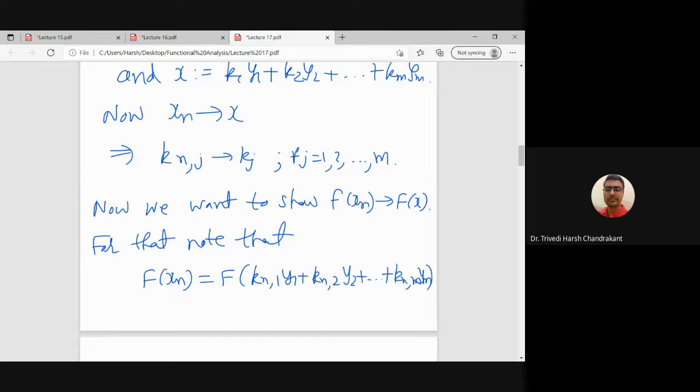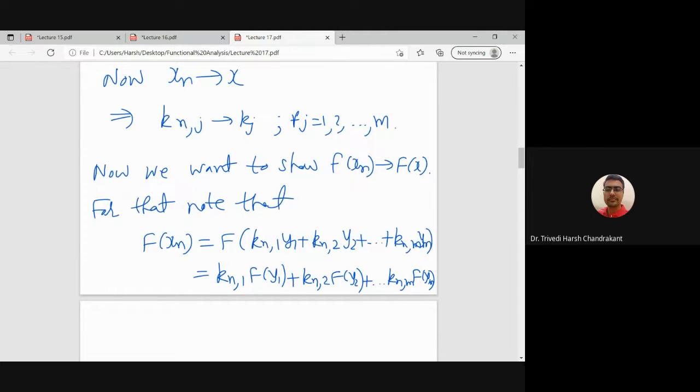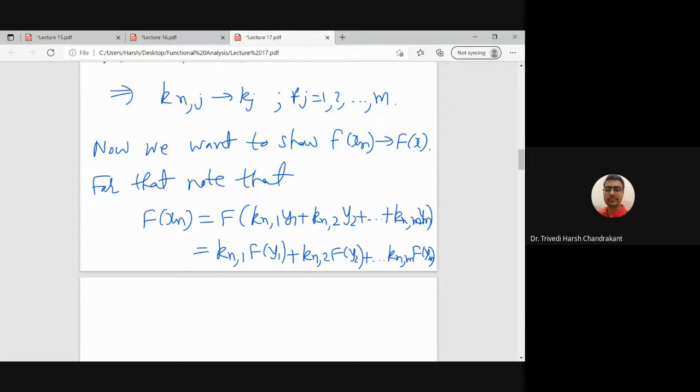If we apply the linear function, the scalars will come outside. So that is kn1 f(y1) plus kn2 f(y2) plus ... plus knm f(ym). Now y1, y2, ..., ym are basis elements, fixed elements of X. So f(y1), f(y2), ..., f(ym) are fixed elements of the codomain, and these are the coordinates.